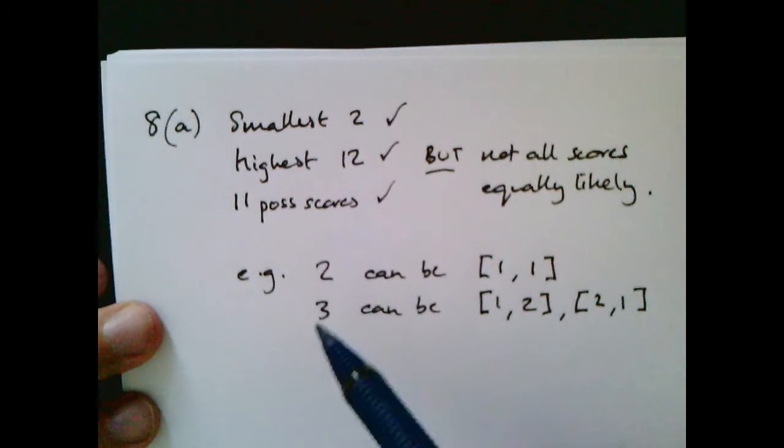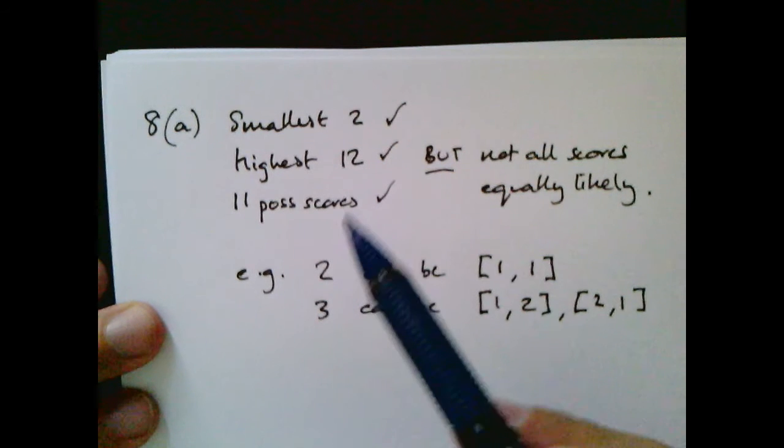Okay, so if you know this problem as you go through, you get more and more, and actually 7 is the luckiest number.